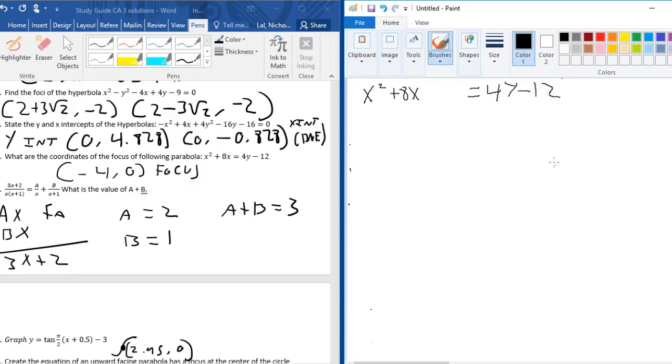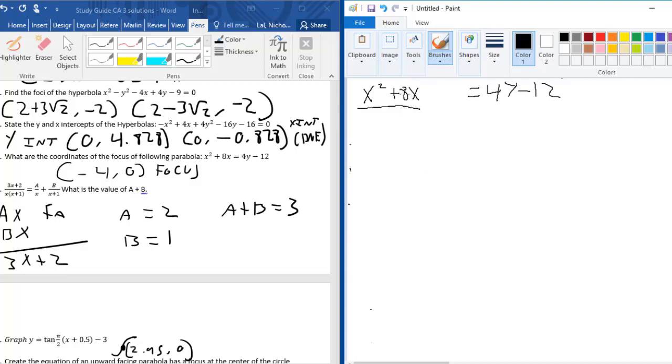Now, in order to find information about this parabola, I'm going to have to get it into standard form. And in order to do that, I'm going to have to complete the square. In order to complete the square, I need to get my x terms into factored form.